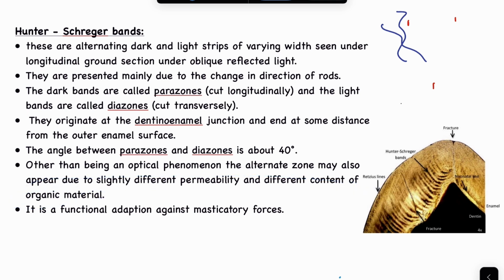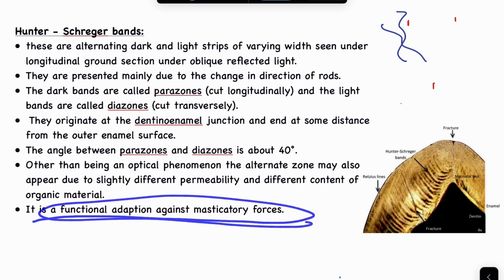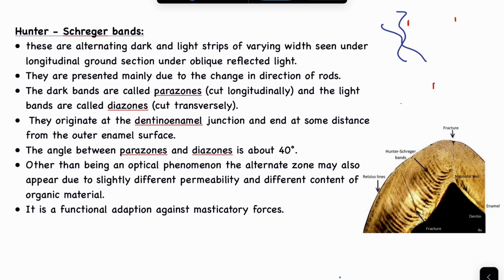So one band might be slightly more mineralized and the other band may be slightly less mineralized. It is a functional adaptation against masticatory forces. How is that? Because it's due to different direction of the rods, okay? And the more the rods are in random directions or intertwined, the stronger they are as a bunch. So it acts as an adaptation against the forces acting on it.